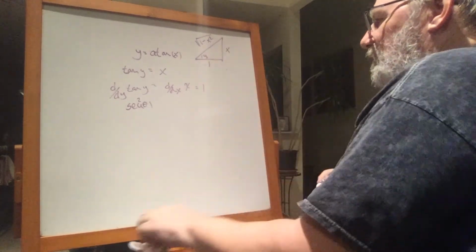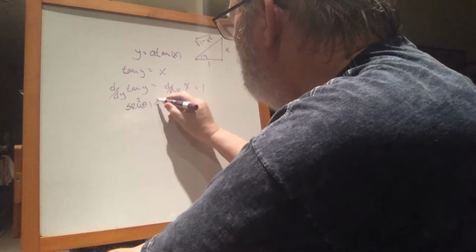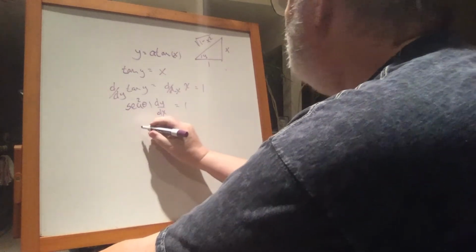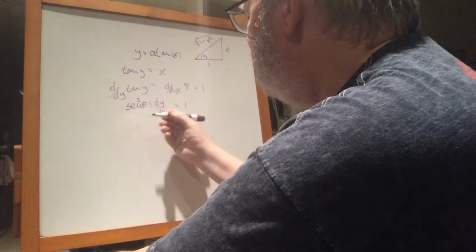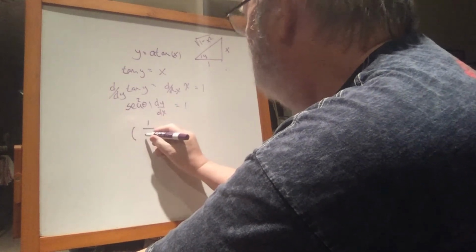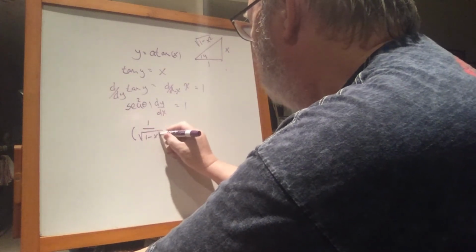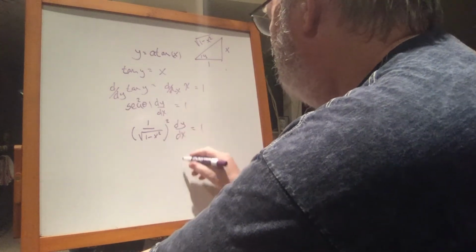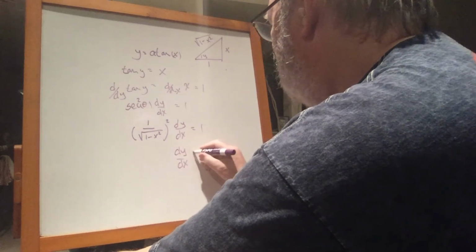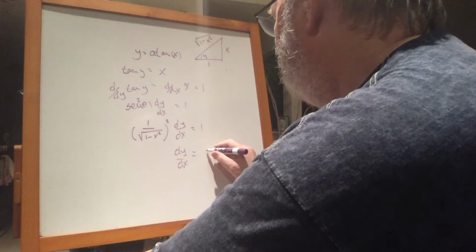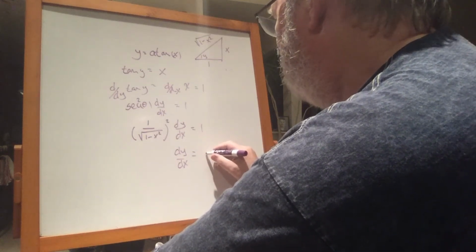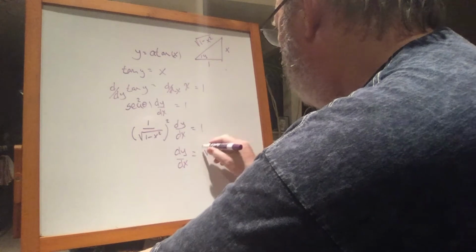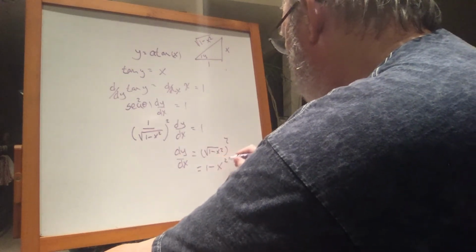And this is dy/dx equals 1, and secant squared is 1 over the square root of 1 minus x squared. dy/dx equals 1, which just equals 1 minus x squared.